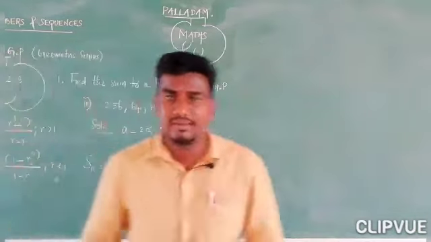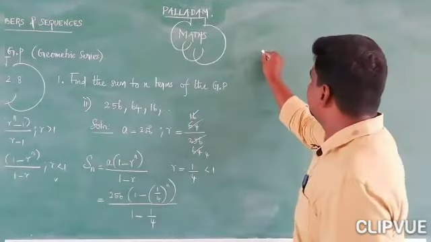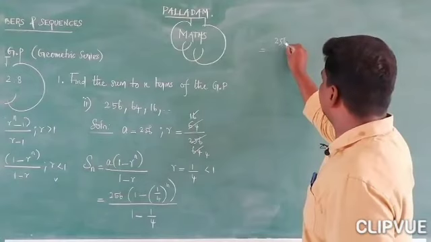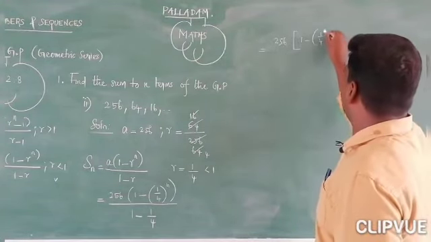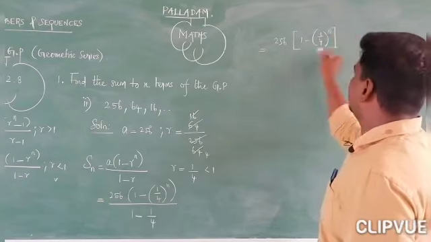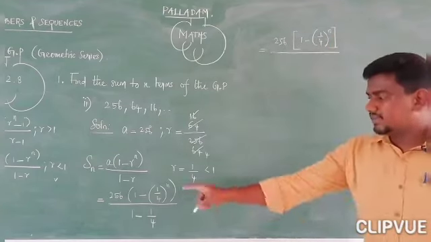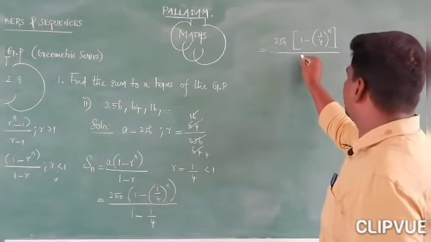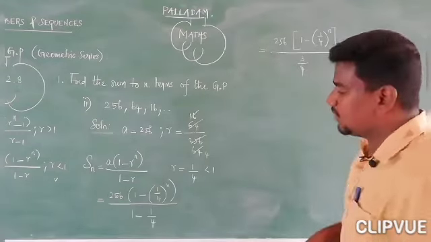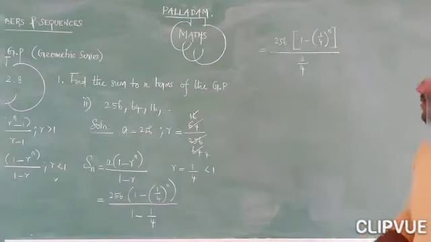So simplify them. 256 into 1 minus 1 by 4 whole power n whole divided by this 1 minus 1 by 4. It is very easy, that is 3 by 4. 1 minus 1 by 4 means 3 by 4.